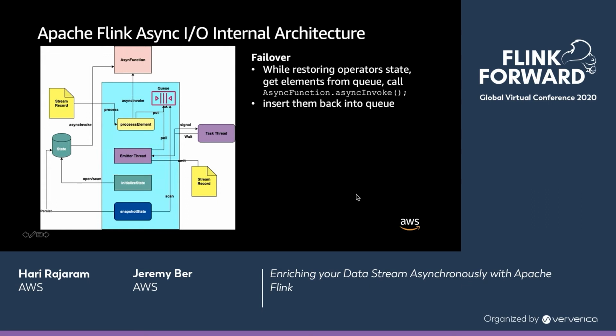So the other thing, the beauty of Flink, which we already know, is the failover, right? What happens if there is a failover? So when restoring an operator state, generally the in-flight elements that are in the queue are checkpointed. So when a failover happens, it actually takes the elements from the state, and then it gets elements from the queue, and it automatically invokes the async function, async invoke.